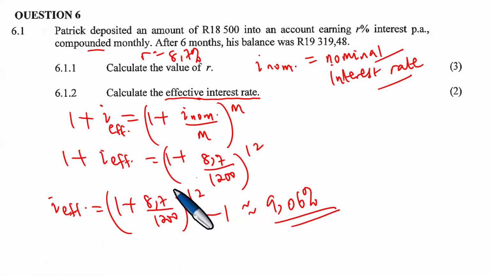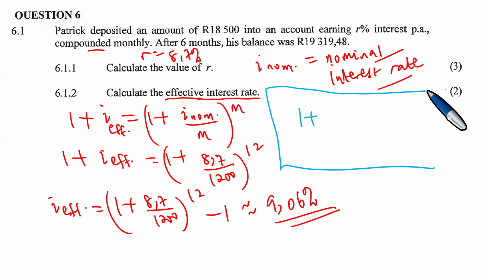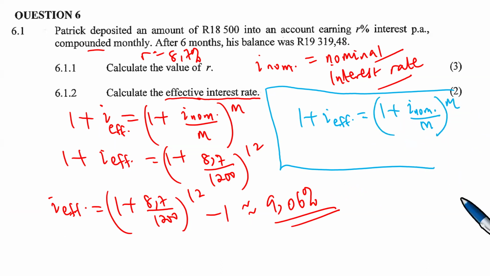The way you learn it is to write it down in your book, so that each time you are dealing with the effective interest rate, you know that 1 plus I effective is 1 plus I nominal divided by M, to the power M. This is the formula you use to convert from the nominal interest rate to the effective interest rate.